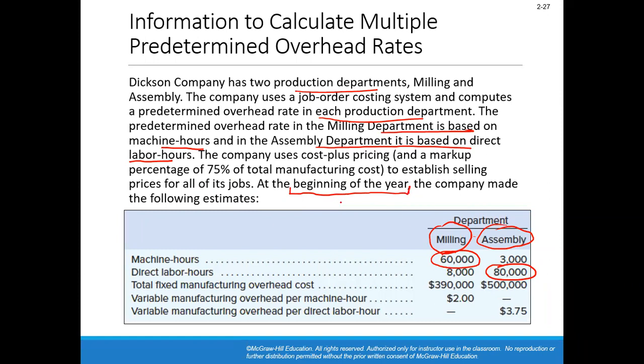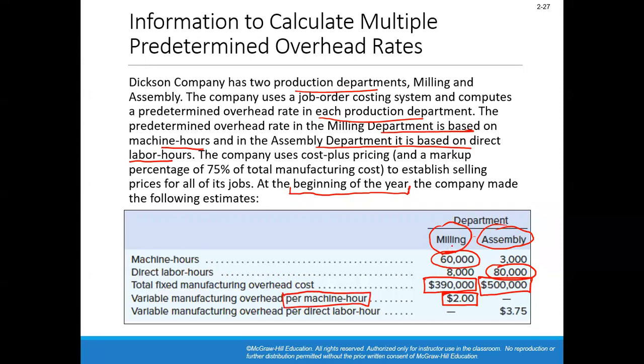Before starting the jobs, before the start of the year, you are determining the overhead cost. The fixed manufacturing overhead cost for the milling department is this amount. The fixed manufacturing overhead cost for the assembly department is this amount, and the variable manufacturing overhead cost for the milling department is given per machine hour. Remember why it is given per machine hour?